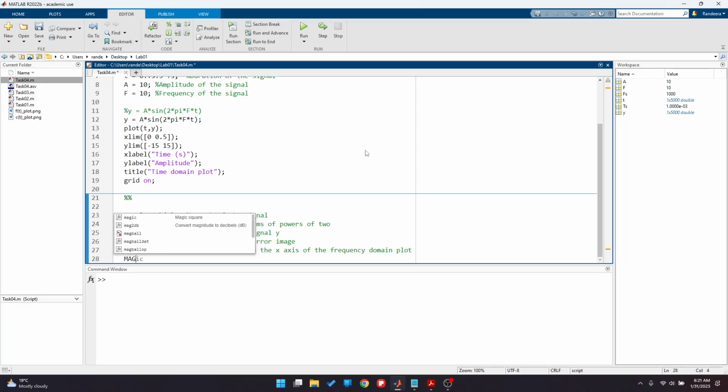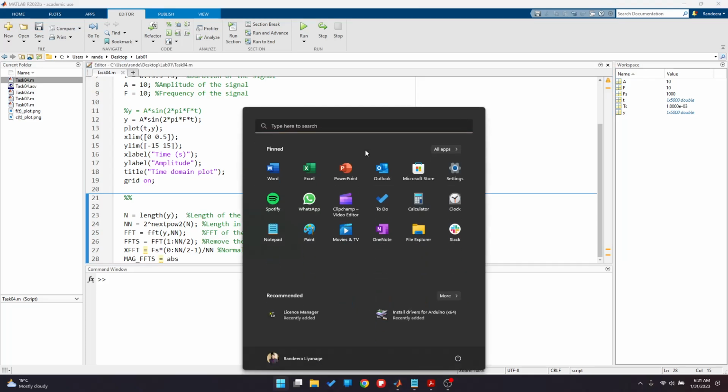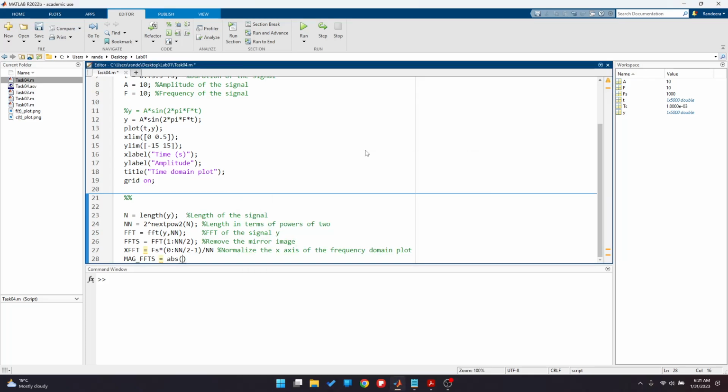I will say magnitude of ffts is equal to, we can use the direct absolute command of ffts. So this will only obtain the magnitude.